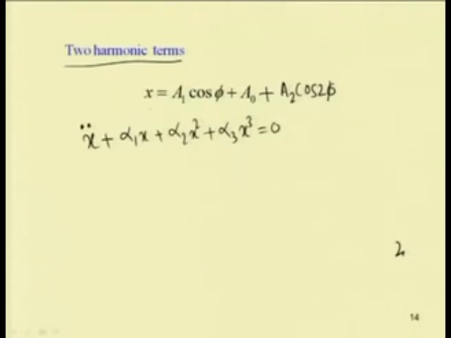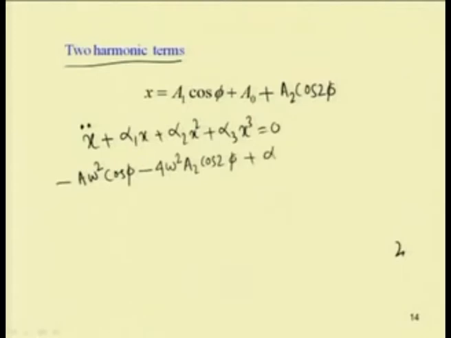in this form. So, for x double dot it can be written minus A1 omega square cos phi. So, for double differentiation of A0 it is equal to 0, and for the next term, this is 2 phi, that means 2 omega. So, while differentiating twice, it becomes minus 4 omega square A2 cos 2 phi. So, this is for x double dot.